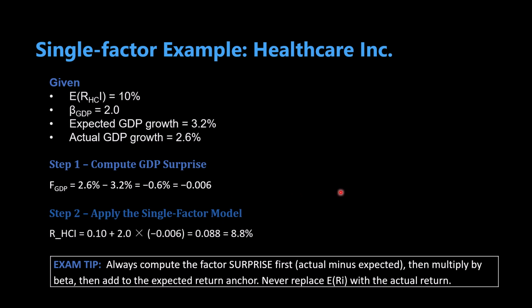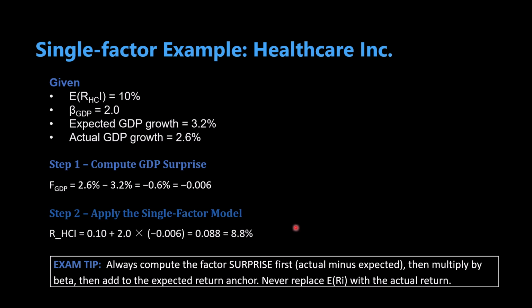That surprise is negative because actual GDP growth is lower than the expected GDP growth. Next, we plug the result into the single factor model, which is R_HCI is equal to 0.10 plus 2.0 times negative 0.006, which is equal to 0.088 or 8.8%.